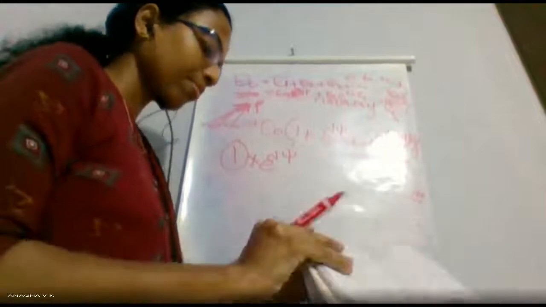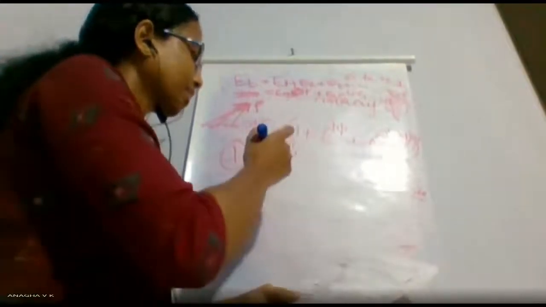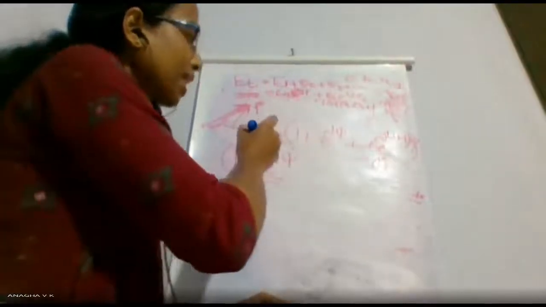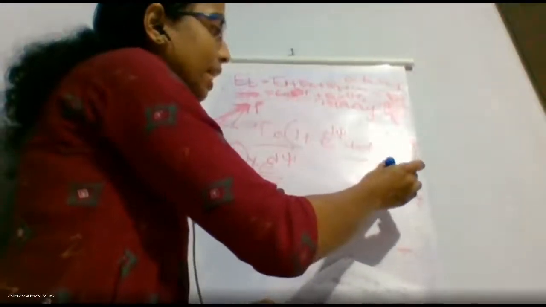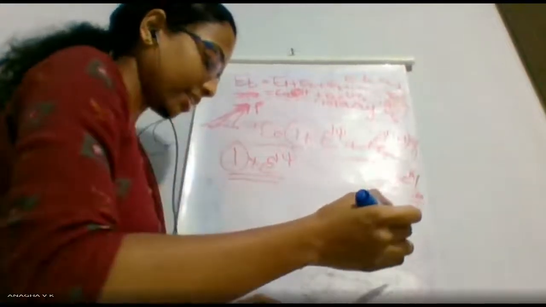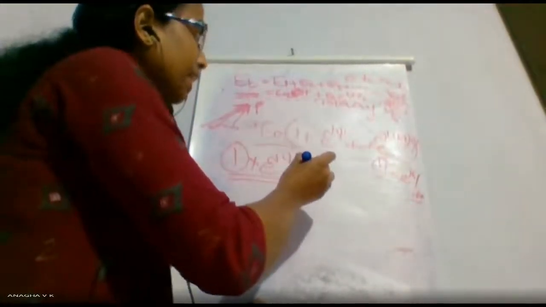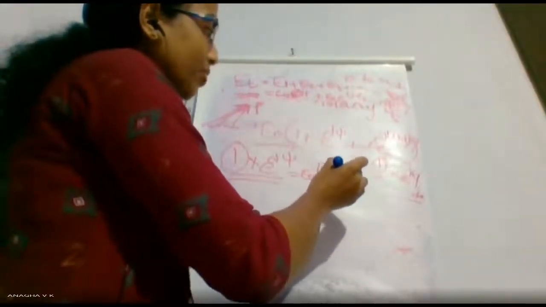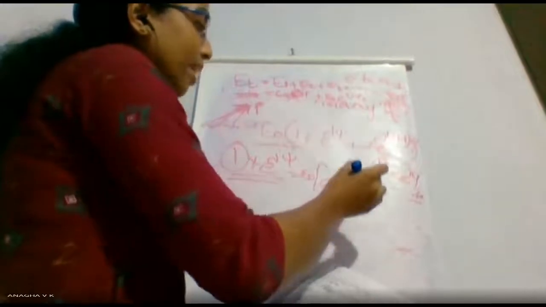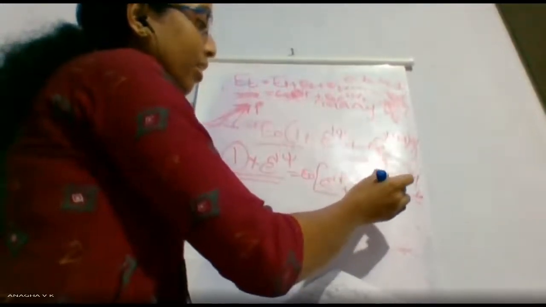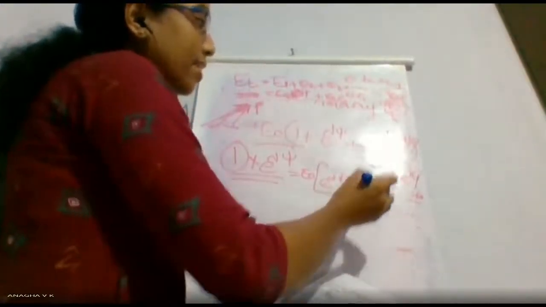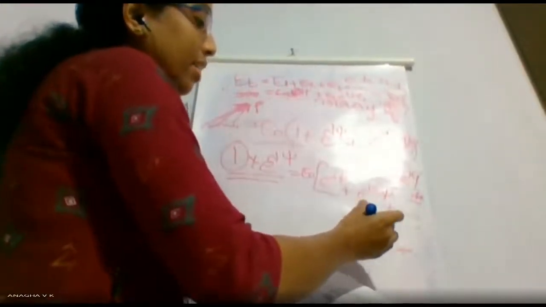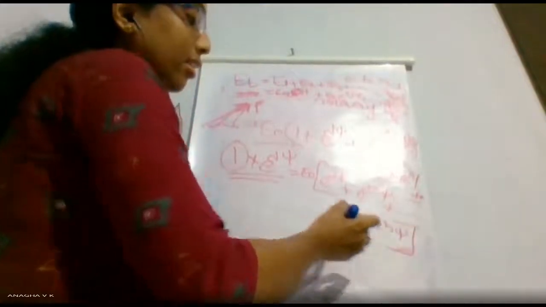Multiplying by e raised to j psi, E naught into 1 becomes e raised to j psi, then e raised to j 2 psi, plus and so on, plus e raised to j (n minus 1) psi becomes e raised to j n psi.